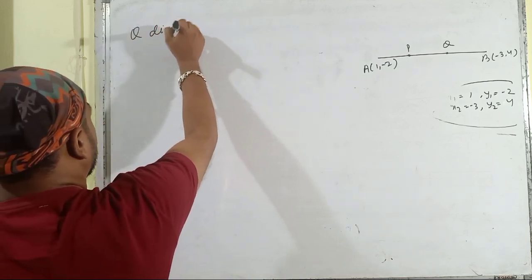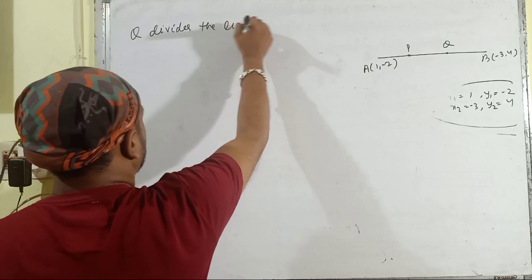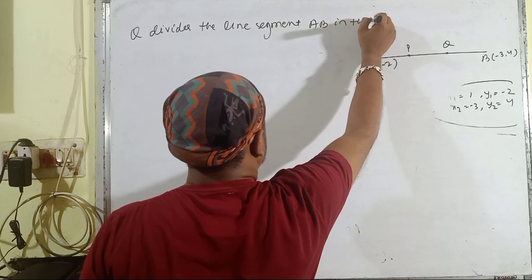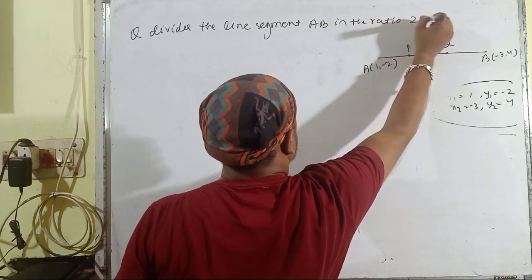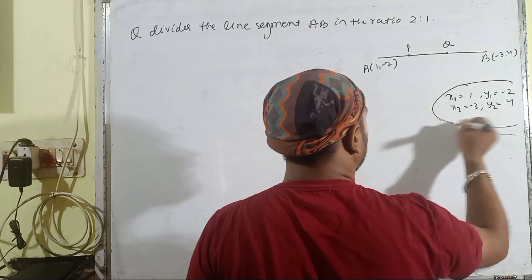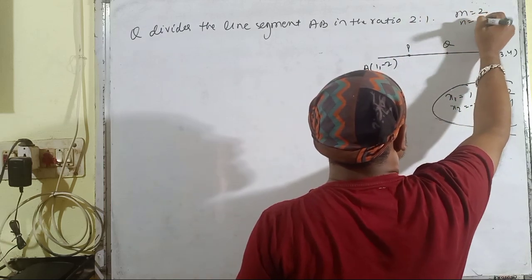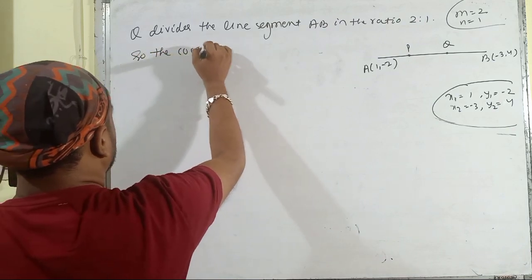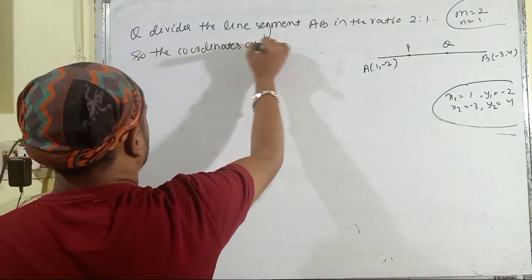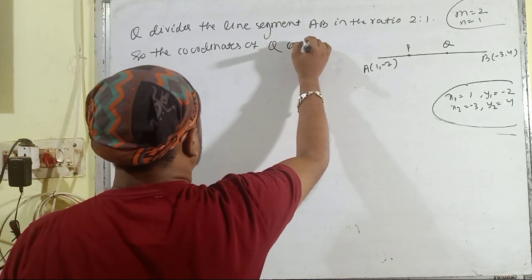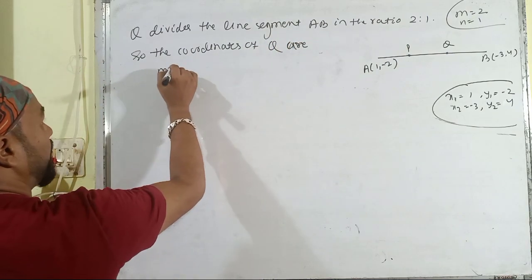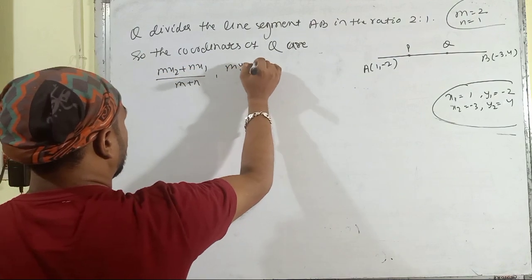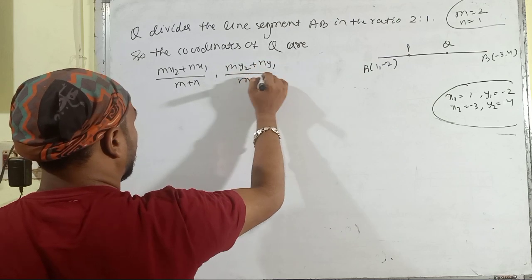Q divides the line segment AB in the ratio 2:1. So here m is equal to 2 and n is equal to 1. So the coordinates of Q are (mx2 plus nx1 divided by m plus n, my2 plus ny1 divided by m plus n).